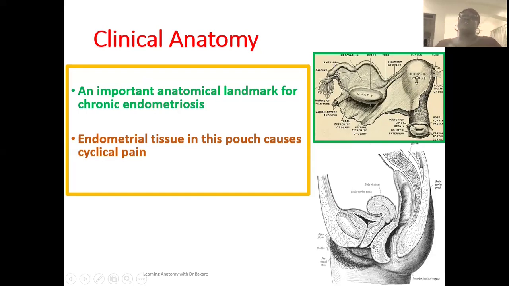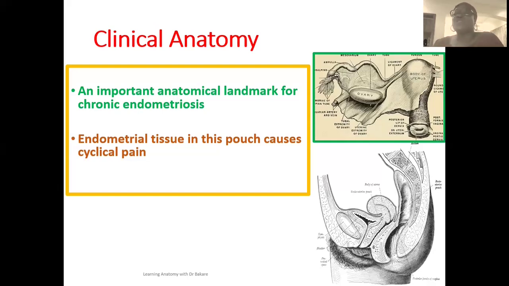So this is how endometrial tissue can travel from the uterus through the uterine tube, then finally into the peritoneal cavity. And when they have access to this region, remember when we tried to describe the boundaries of the uterovesical pouch, we said that superiorly it is continuous with the peritoneal cavity. So structures like the endometrial tissues that are found within the peritoneal cavity can also have access into the uterovesical pouch when in a chronic condition.